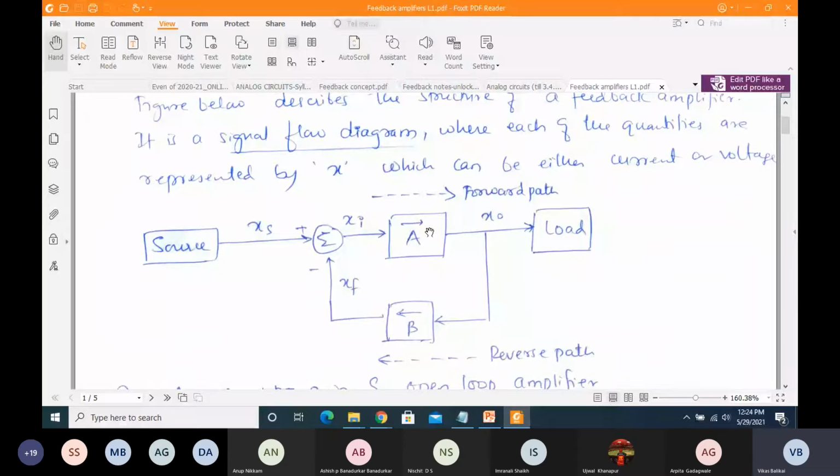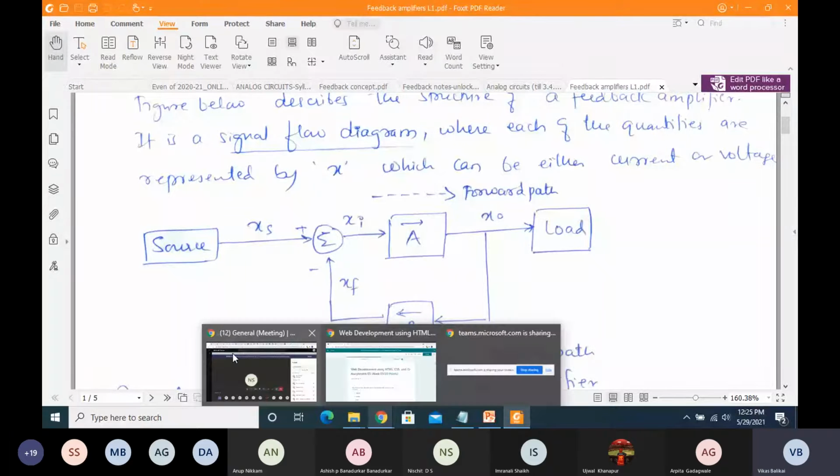A indicates the amplifier without feedback, that is an open loop amplifier, and I have the input source. Here I have taken a general signal represented by X. X could be either current or voltage, so let us not get confused about whether it is voltage or current. It could be either of them.